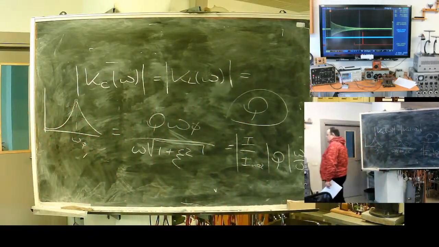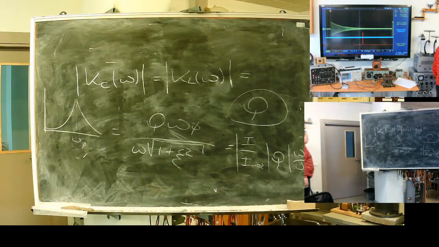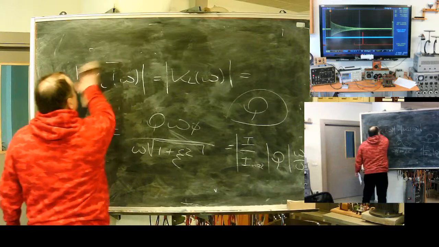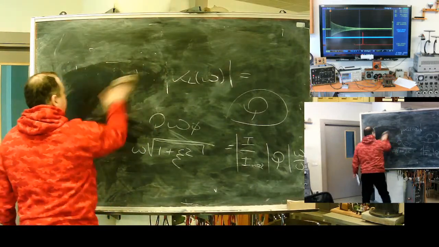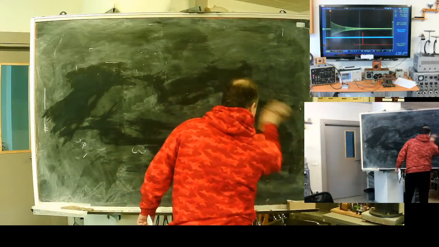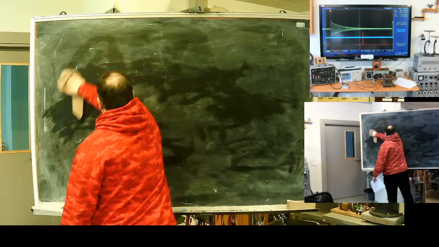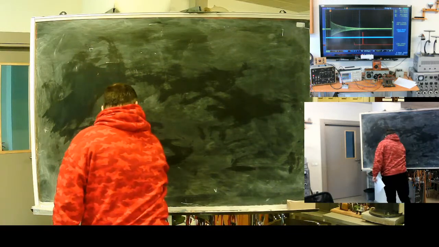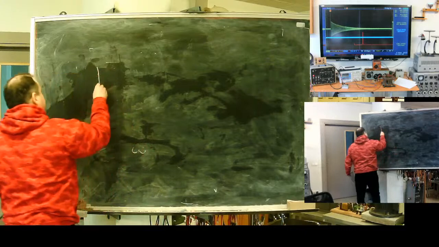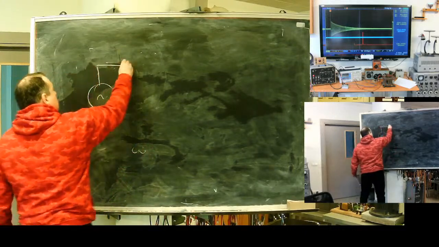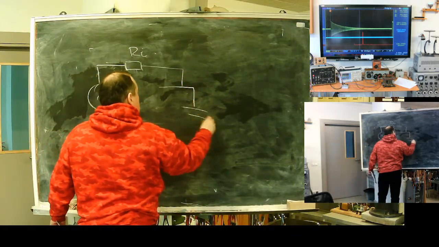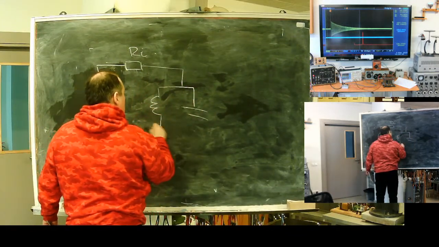That's for the sequence contour. Can we do it for parallel? The same story. Source with internal R, capacitor, coil.